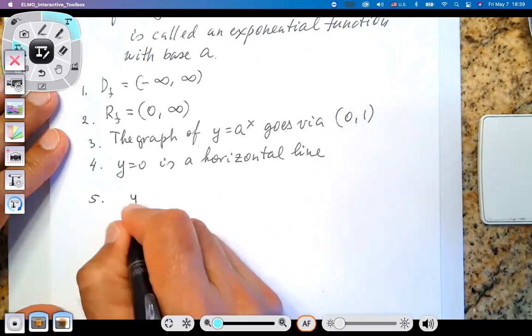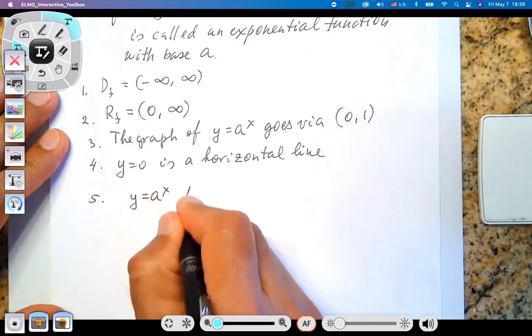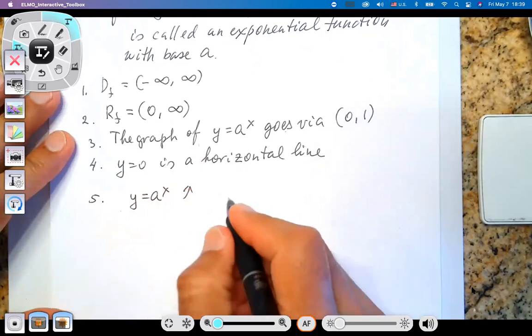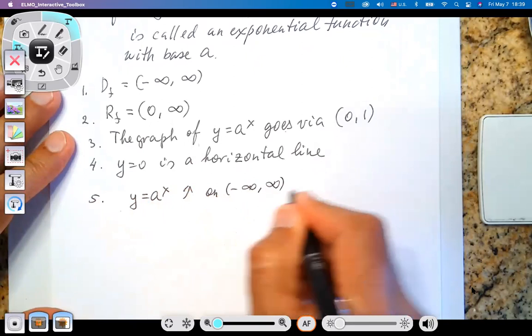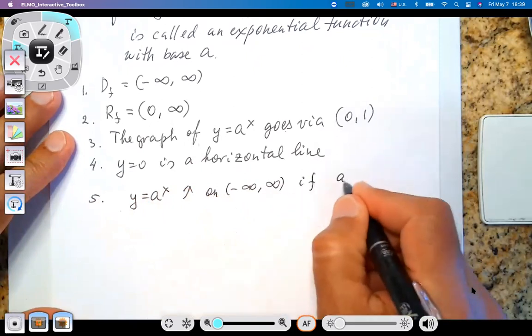So y equals a to the power of x is increasing on negative infinity to infinity if the base is greater than 1.